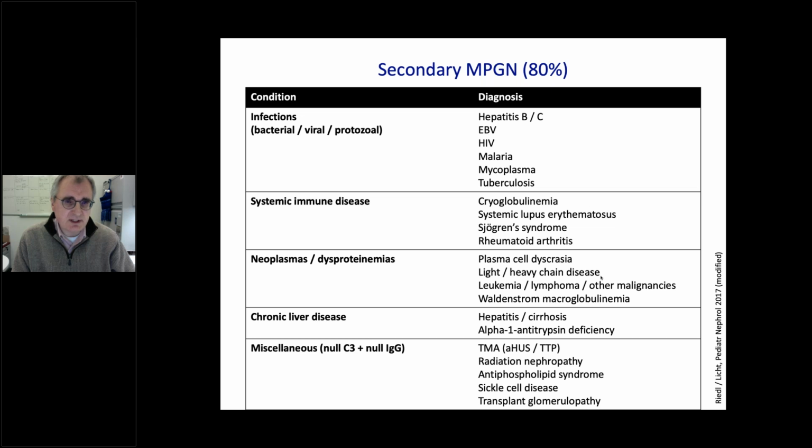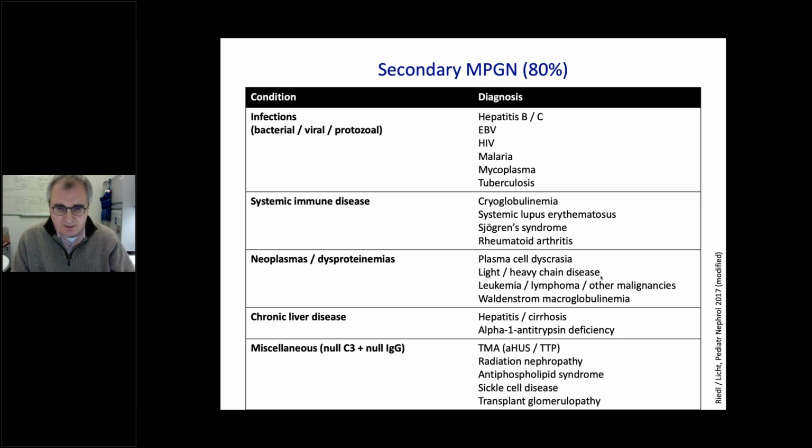It begins with, and is really driven by, infections, and there hepatitis B and C in particular are lead diagnoses. There can be underlying systemic immune diseases. MPGN pattern can occur in the context of malignant diseases, chronic liver disease, or there is even this miscellaneous group where we don't have C3 or IgG, but still, histologically speaking, this membranoproliferative pattern, and diagnoses there include TMA.